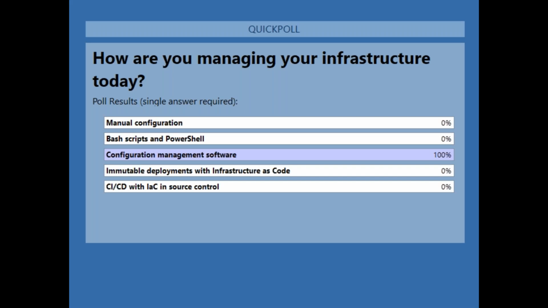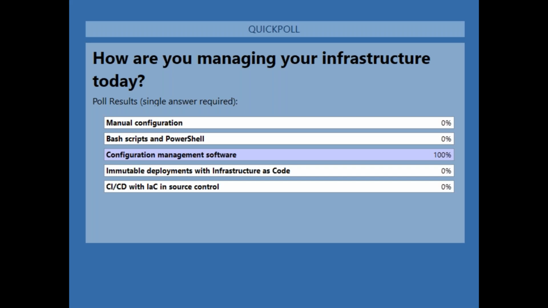Yeah, so it's interesting. So far, it looks like almost everyone is at that configuration management software level. So when they're deploying out their nodes, they have some sort of configuration management software sitting on the back end pushing the config, and that's really good to hear because that's much better than manually touching every single thing in your environment.